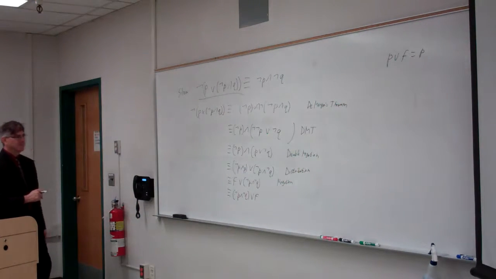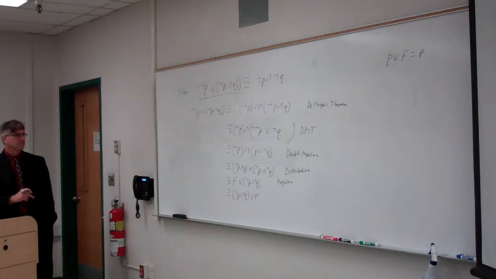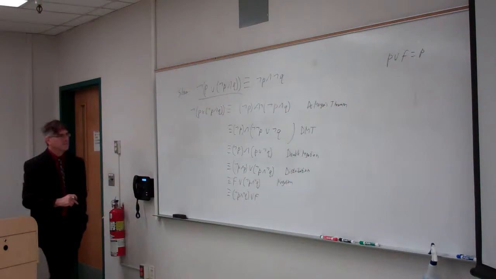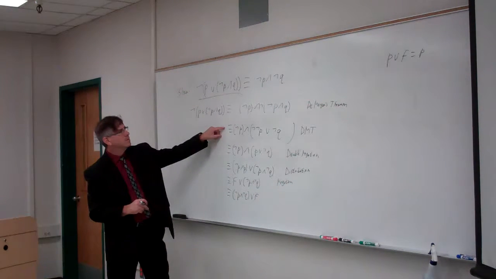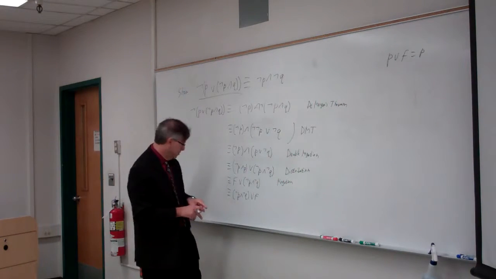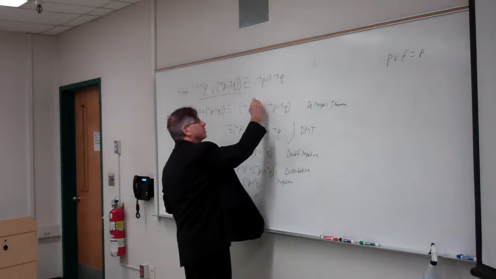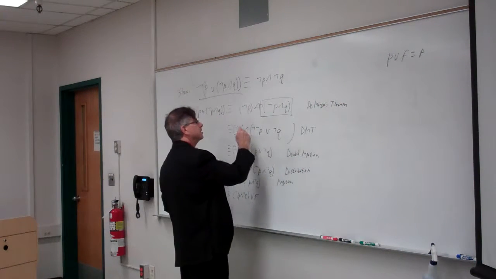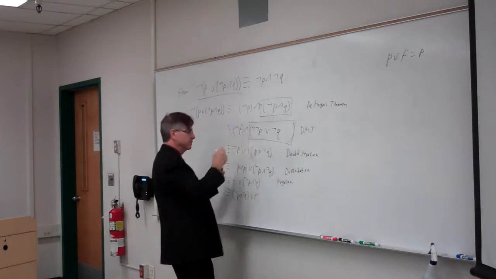Thanks. So, why did the or in the parentheses change to the and on the second line? On this one? Yeah, the P, or not P and Q. So I did De Morgan's theorem on this piece, so all of this changed into all of this.